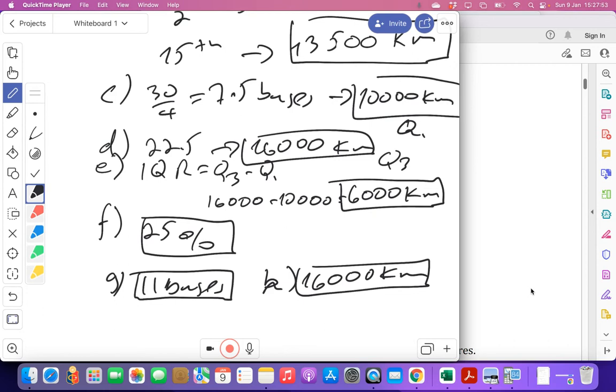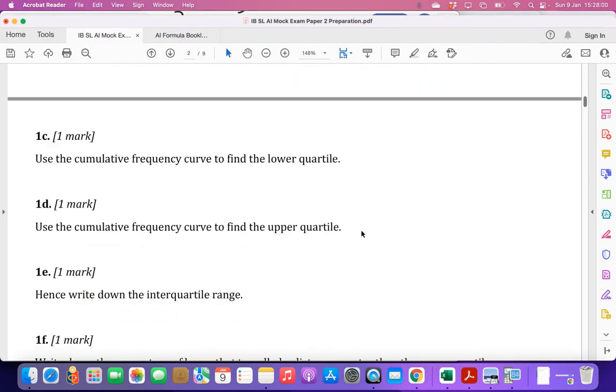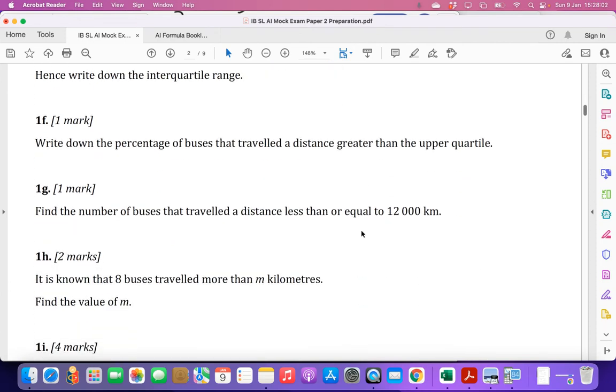The last question is again a graph, and we're going to need graph paper for that. I don't have any handy right now on the iPad.